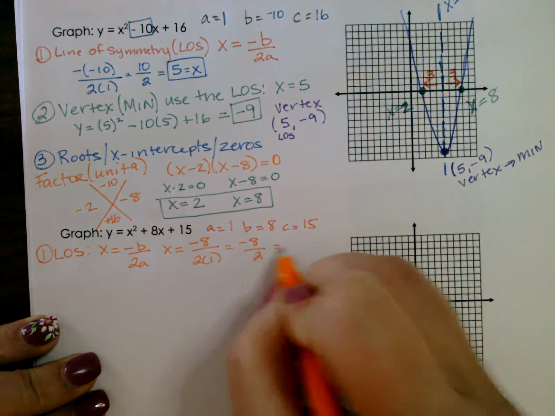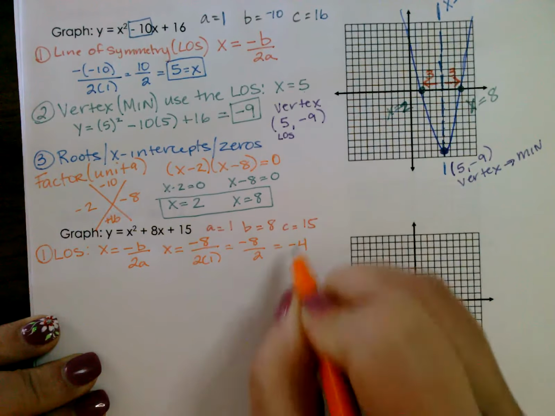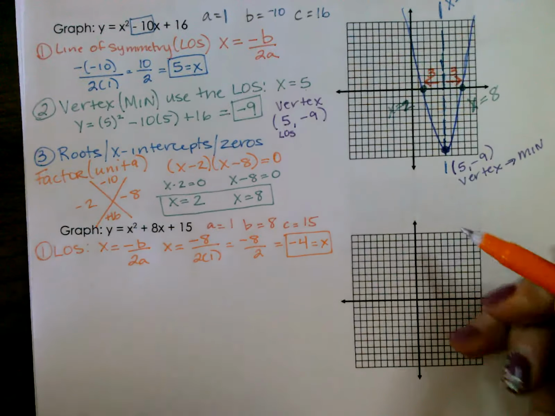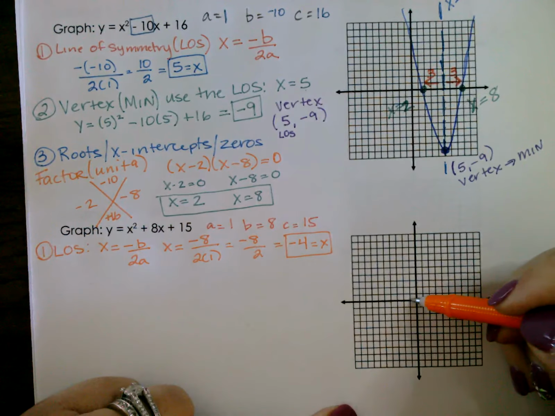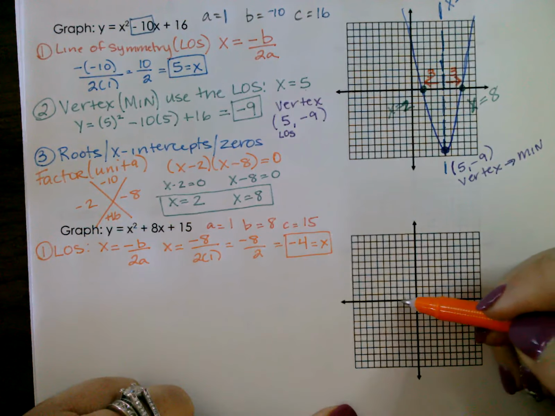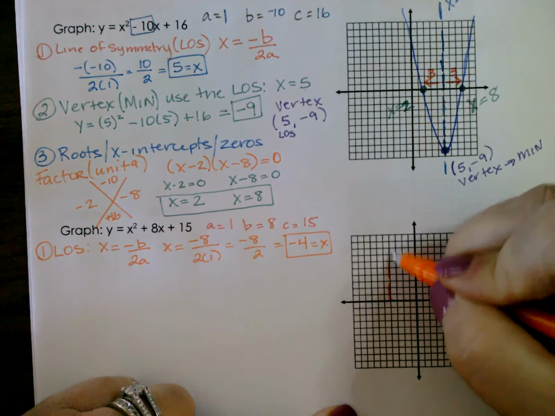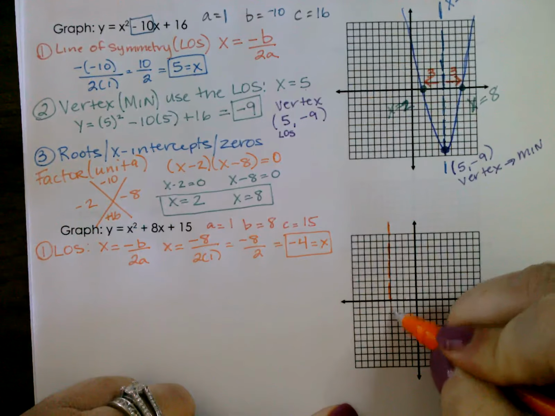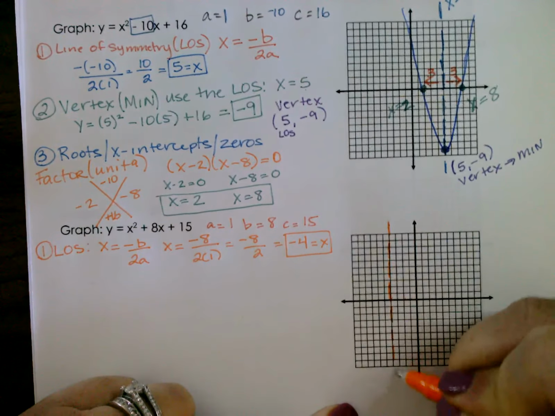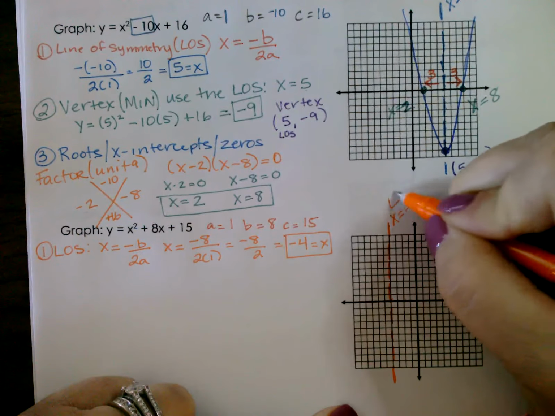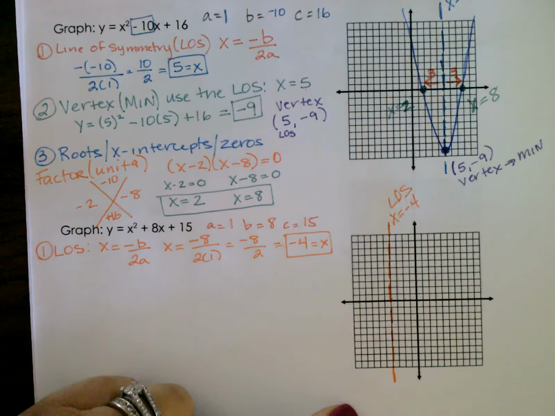Negative 8 divided by 2, negative 4 for x. So starting here, 1, 2, 1, 2, 3, 4, doing my best to make a nice dashed line. X equals negative 4. That is my line of symmetry.